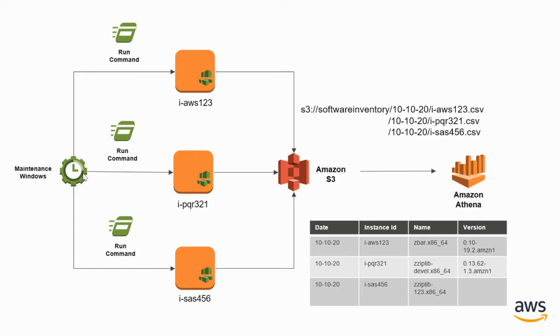There either you can specify the individual EC2 instance IDs, or you can specify the tags as well. If all the EC2 instances have the same tag, you can specify the same tag name. So the document will be executed on each of the EC2 machines which have that particular tag.